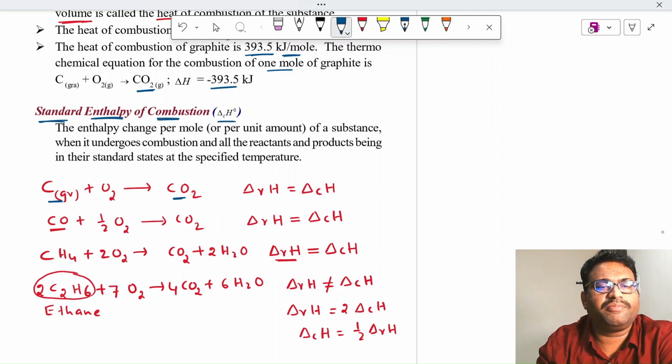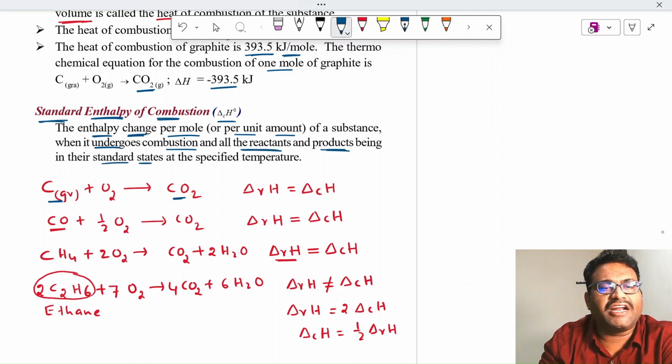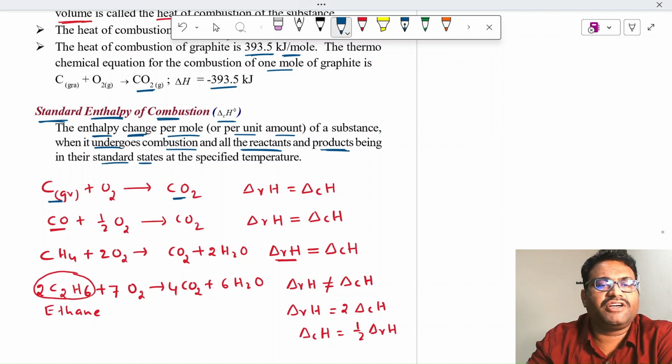What is standard enthalpy of combustion? The enthalpy change, the change in the heat per mole or per unit amount of the substance when it undergoes combustion, and all the reactants and products, here you see, reactants and products must be in their standard state. Already we have studied what is meant by standard state.